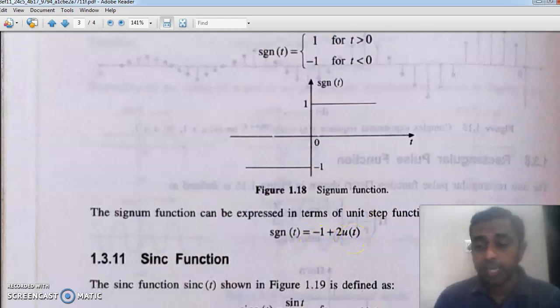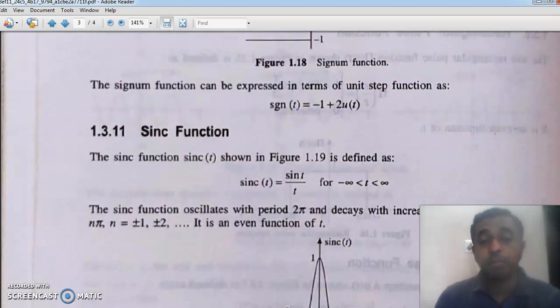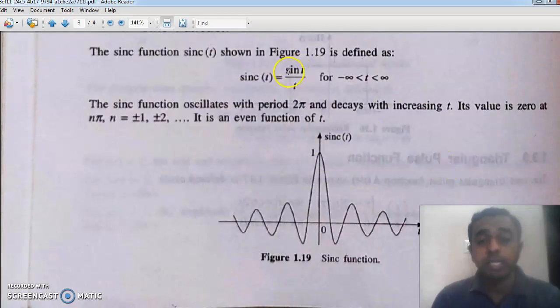Another function is the sinc function. This is also a very important function. The sinc function of t is sine t by t, for t between minus infinity and infinity.